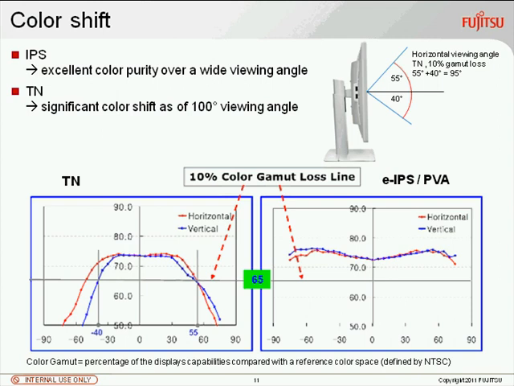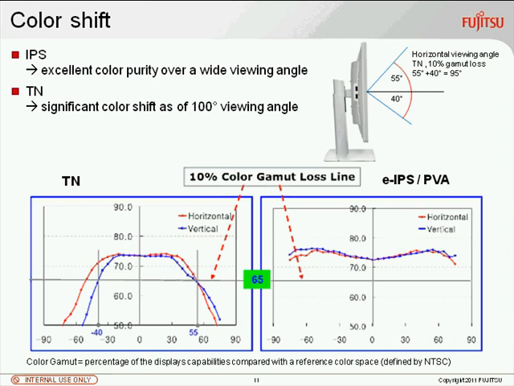So for a TN panel, if you go 40 or 50 degrees to the side, the loss of the color gamut is already about 10%. And 10% is a value where the human eye sees dramatic changes in the color. The colors even invert. Suddenly you see green instead of red or something. And this happens very soon on the TN panel.